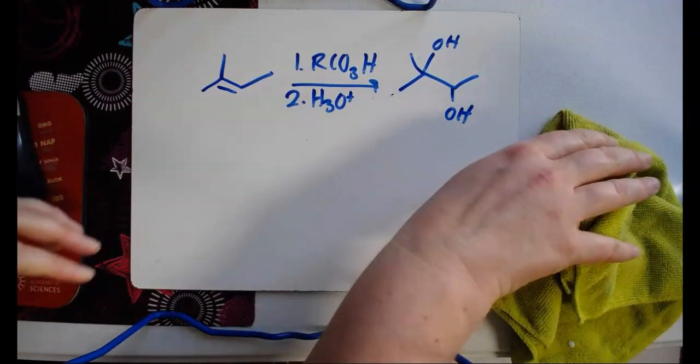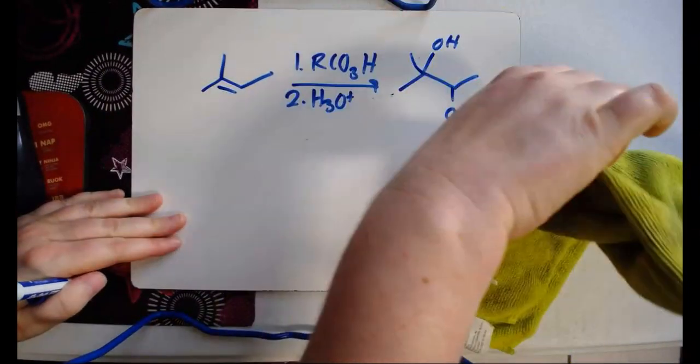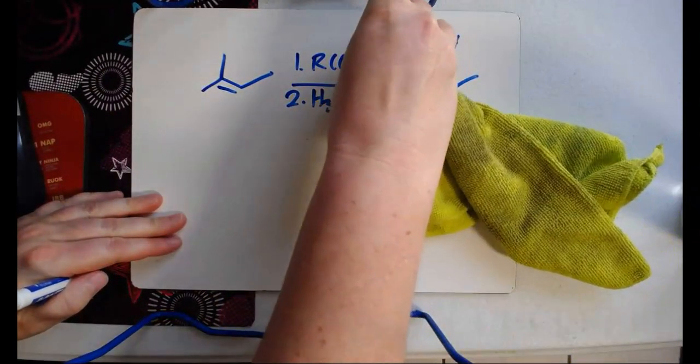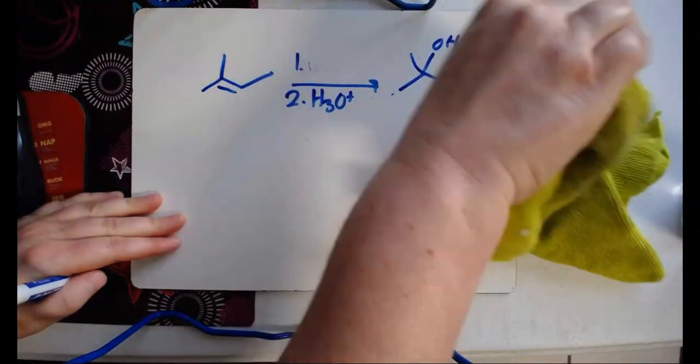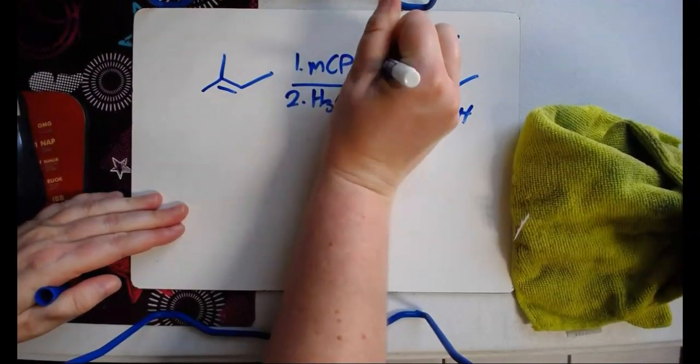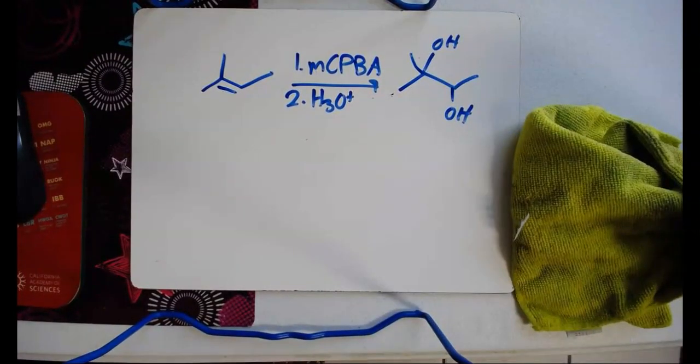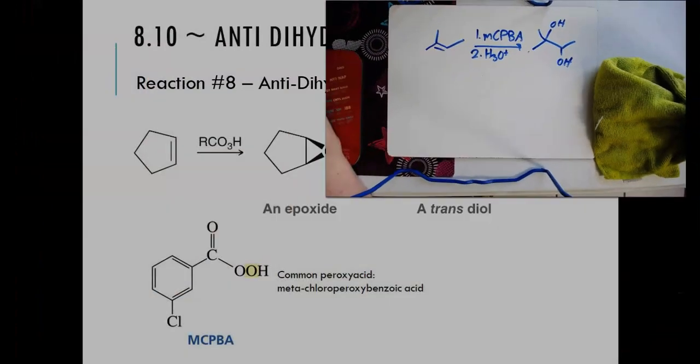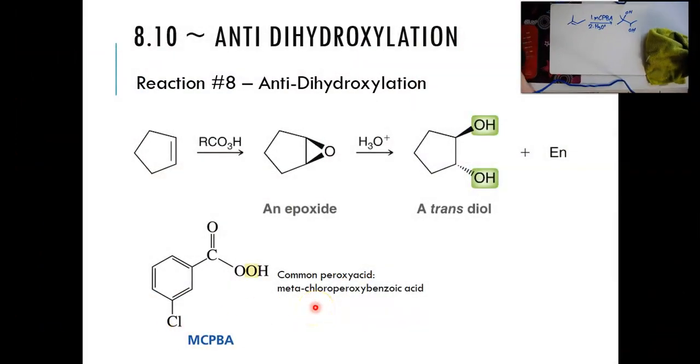And if we were using MCPBA, we would just see that. We would see the MCPBA written above the arrow instead, or a specific type of peroxy acid. So we're going to look at the mechanism for this one.